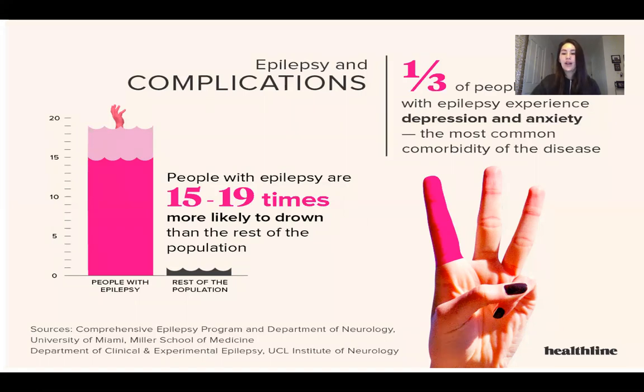And then 1 in every 3 people with epilepsy suffer from depression and anxiety. Those can often come from not knowing how or why you got epilepsy, or possibly losing your autonomy because of epilepsy.